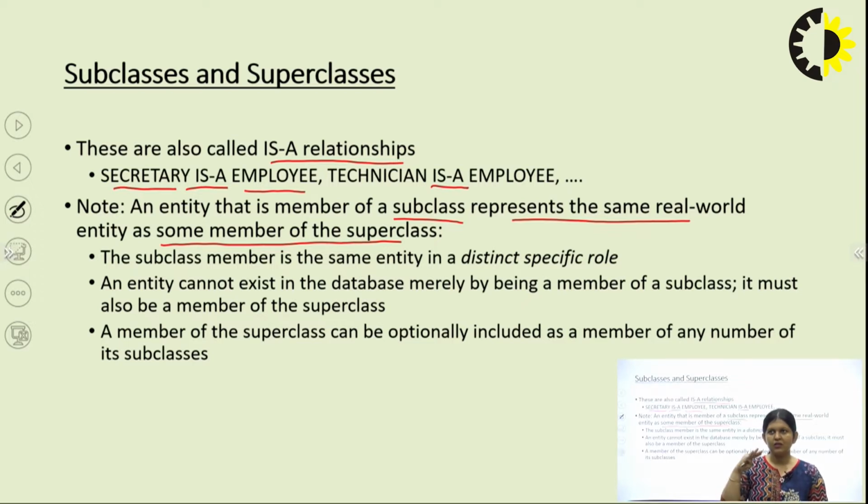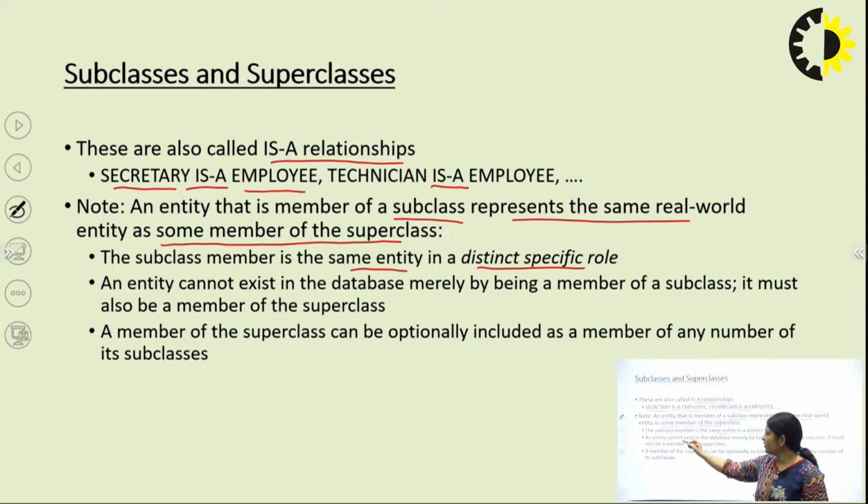That is, it's not necessary that every member of the superclass belongs to some of the subclasses. But at the bottom level, we can have only those members which belong to the upper level. The subclass member is the same entity in a distinct specific role. The only idea is we want them to have different roles at the sub level.